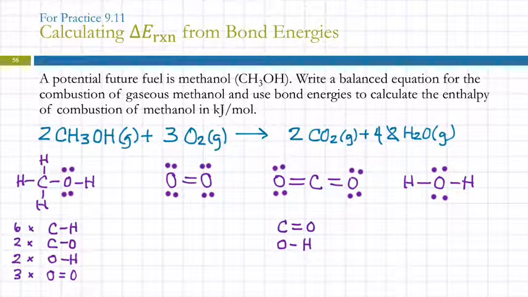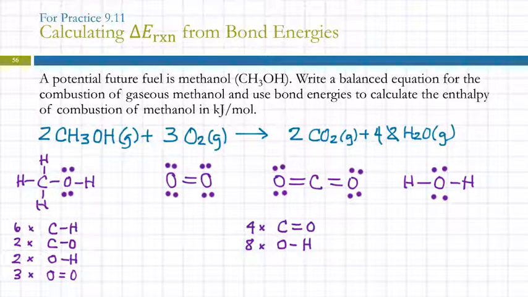So 1 mole would have 2 moles of bonds, and we have 2 moles, so we've got 4 moles of that one. Over here, each molecule has 2 oxygen-hydrogen bonds. That means 1 mole would have 2 moles. We have 4 moles of that. So 8 moles of oxygen-hydrogen bonds.